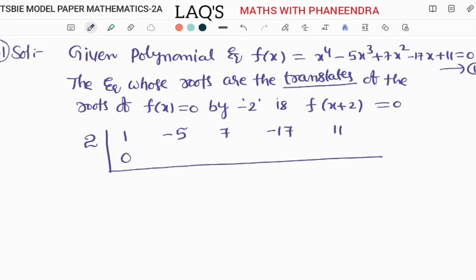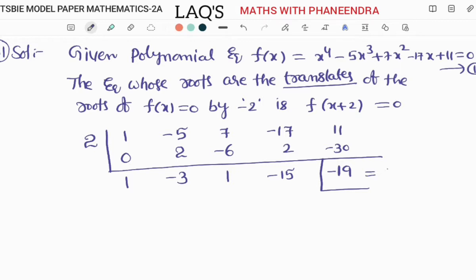Like synthetic division, we have to do that. 0, adding these two, 1 plus 0 is 1, 1 into 2 is 2, adding minus 5 plus 2, that is minus 3, minus 3 into 2 minus 6, 7 minus 6 is 1, 1 into 2 is 2, so minus 17 plus 2 is minus 15, minus 15 into 2 is minus 30. So adding minus 30 and plus 11, that is equal to minus 19. This we can take as here fourth equation, biquadratic equation.